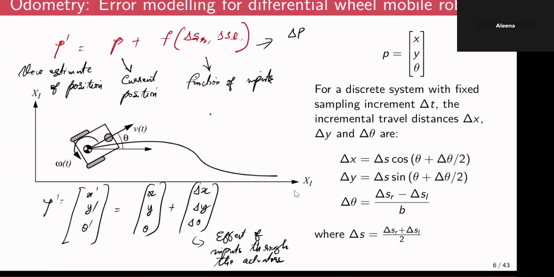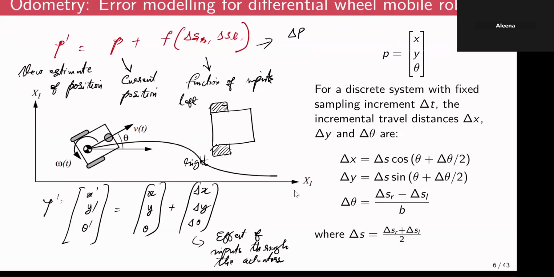So one thing I can show is, if you consider this to be the body of the mobile robot, this to be the left wheel, left side, and this to be the right hand side, right?